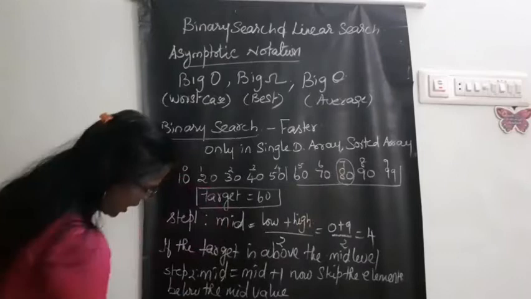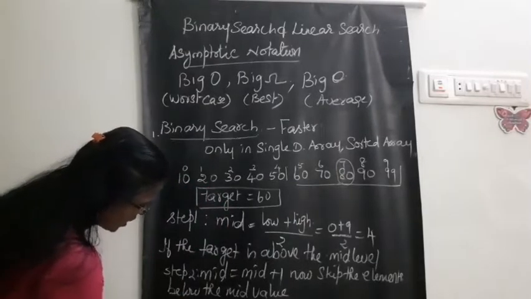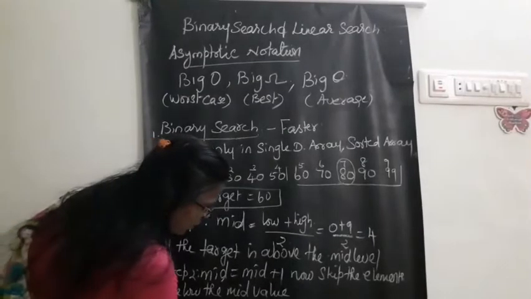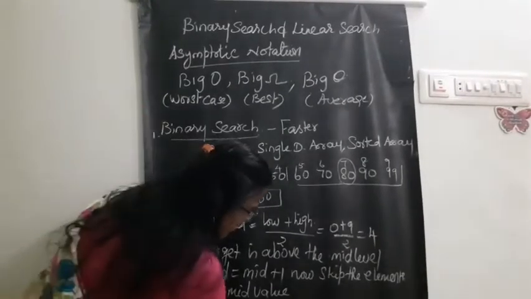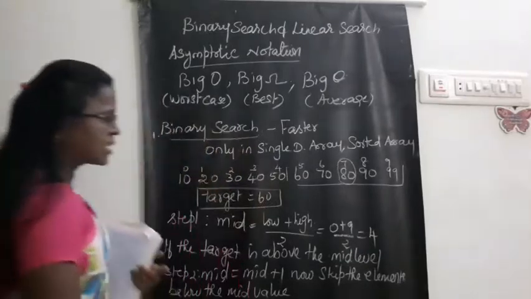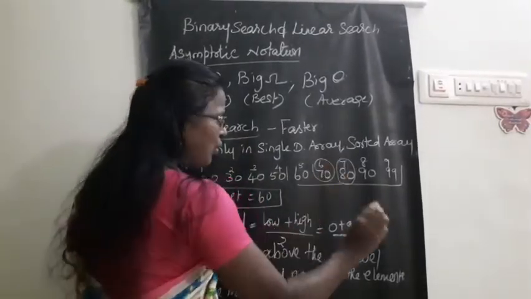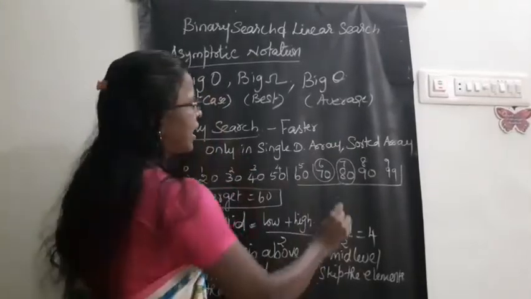So step 3 is mid is equal to mid minus 1. So 7 minus 1 is equal to 6. Now a new array arrives.